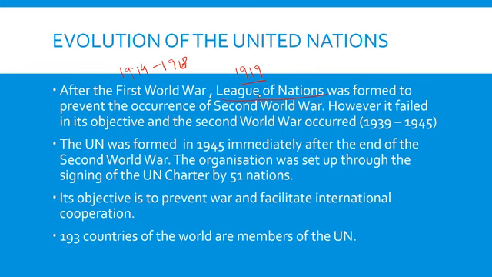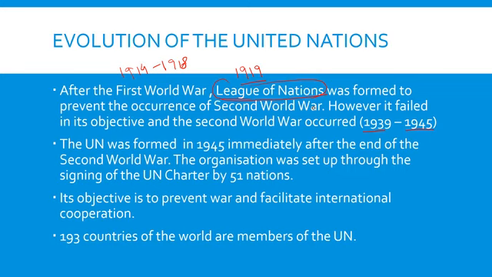But the Second World War started in 1939 and continued till 1945. So with the beginning of the Second World War, the League of Nations failed, because it could not achieve the primary purpose for which it was established.